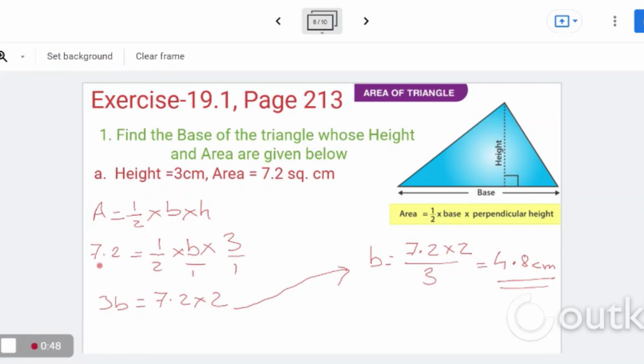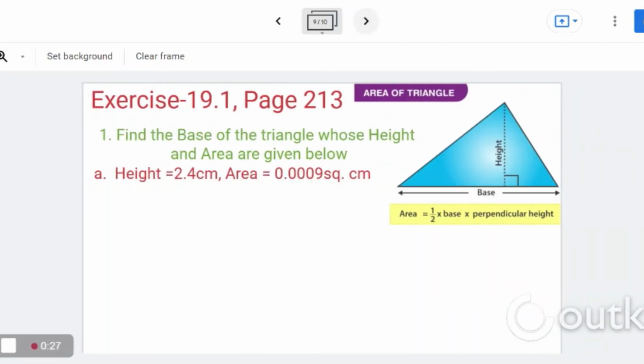And see here there is 1 actually. So we have cross multiplied this way. So 7.2 into 2 is done out here and b is kept alone and this 3 goes down. So when you solve this, you will get 4.8 centimeter. This is the base. It is not the area.